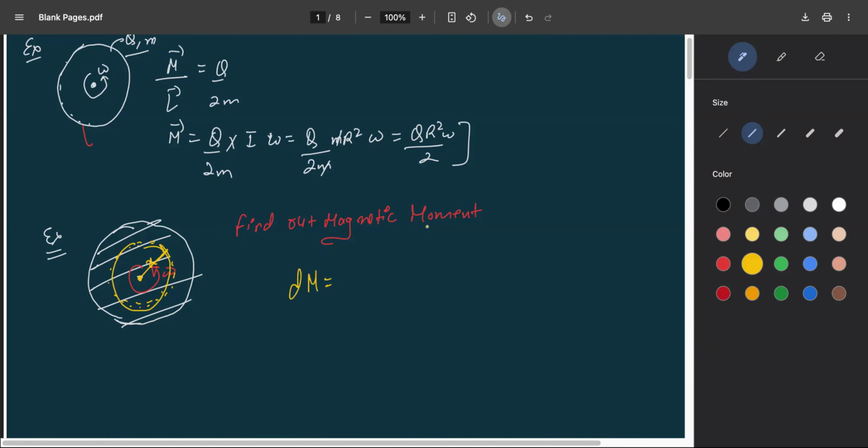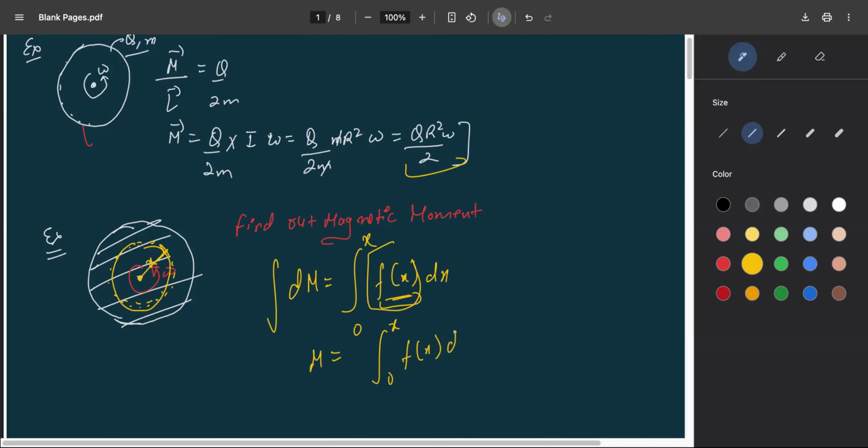This is the magnetic moment due to the strip, so you just integrate it from 0 to x. That will result in the final answer, because when you integrate, you get m equal to the integral from 0 to x of some function dx with some constant outside, since not everything gets inside the integral. Clear?